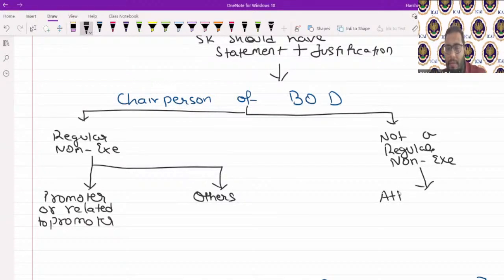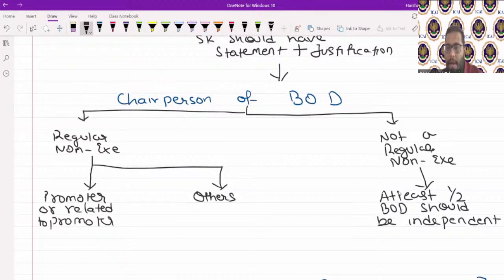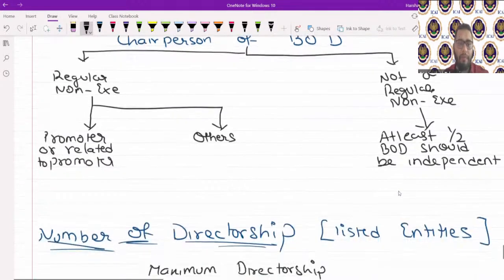At least half of the BOD should be independent.